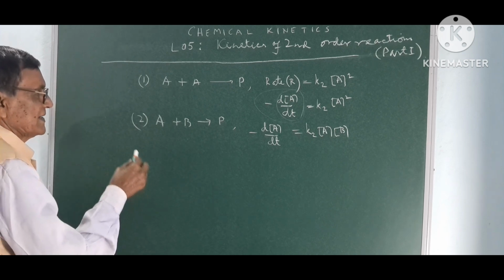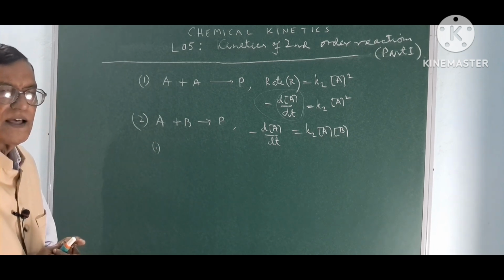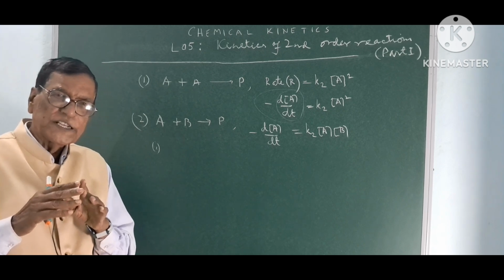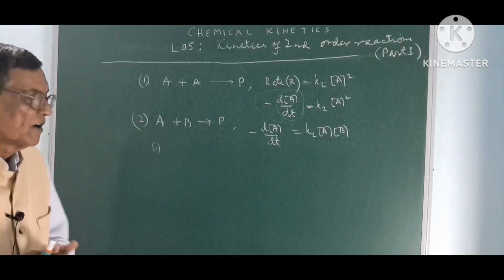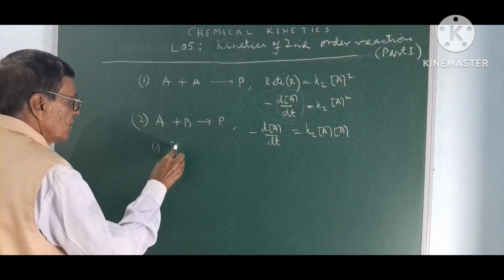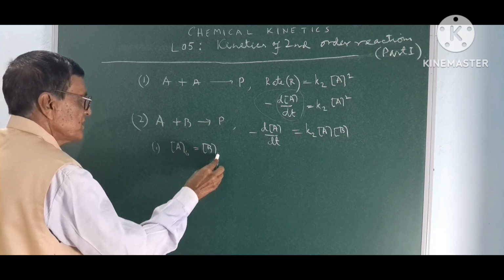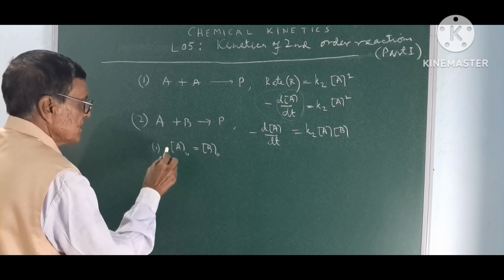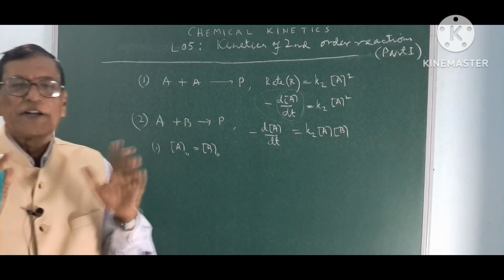In this case, suppose we may take, for our own experimental convenience, the concentration of A naught equal to the concentration of B naught, meaning the initial concentrations of A and B are kept equal.